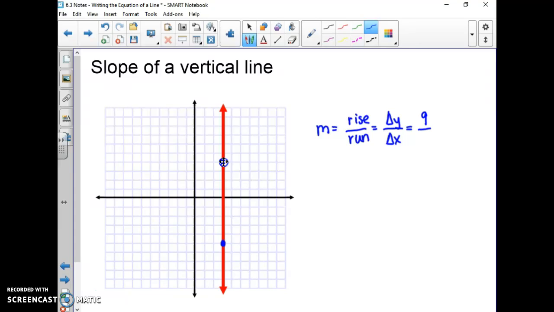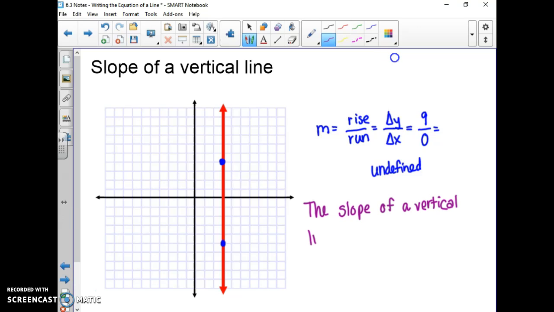But we would go over to the left or right 0 places. So when we have 9 divided by 0, that is what we call undefined. Okay, so remember this, the slope of a vertical line is always undefined.